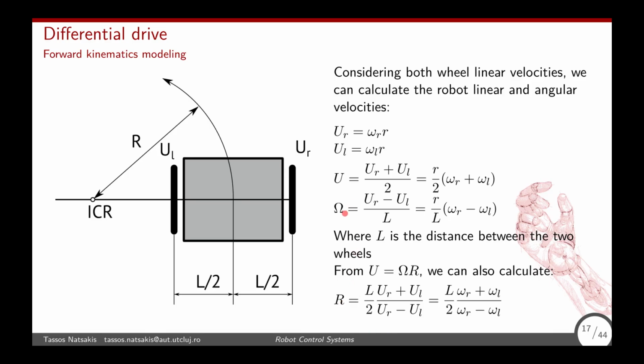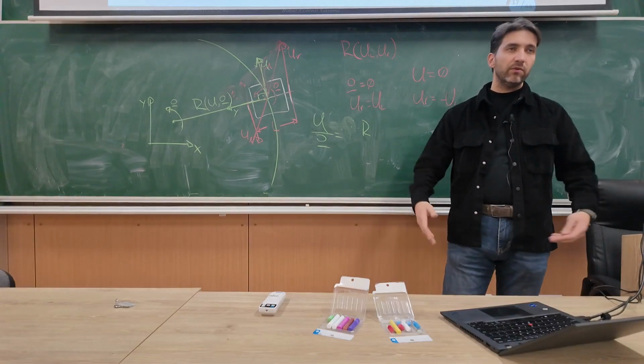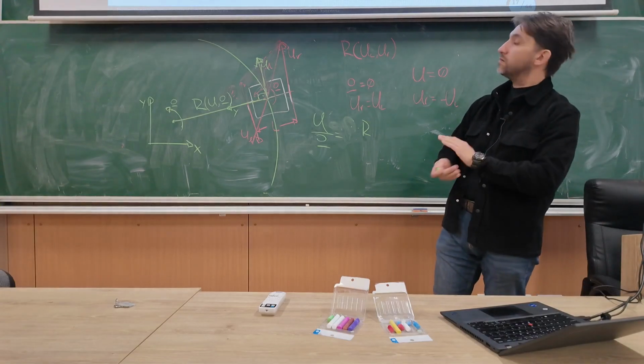I basically take u over omega. So I end up with this part from u, this from omega, and here we don't have the r, so it's L over 2. And if I want to write it with the wheel velocities, the radius of the wheel will get factored out, will get simplified, right? So I can calculate the resulting radius for any wheel velocities. Okay?